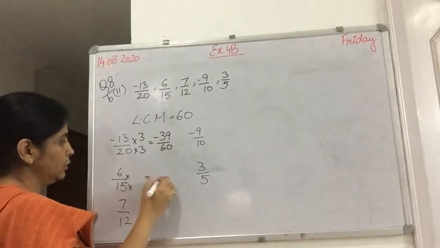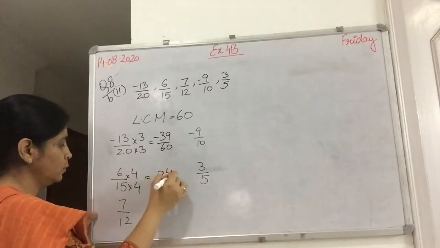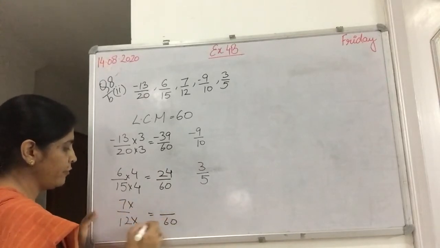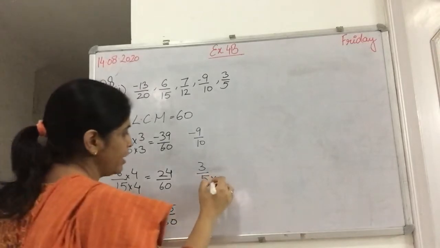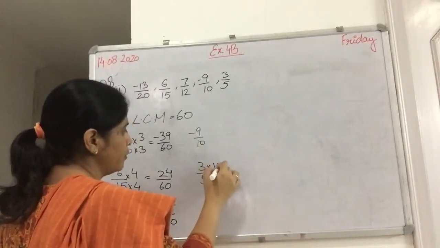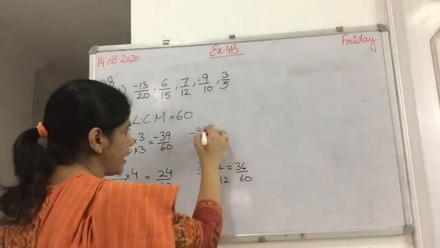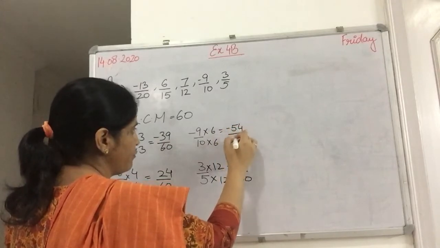Then 60, 15 4s are 24. Then again 60, 5 times, 7 5s are 35. Then 12 times 3 is 36 by 60, and 6 times 9, 6 9s are 54.